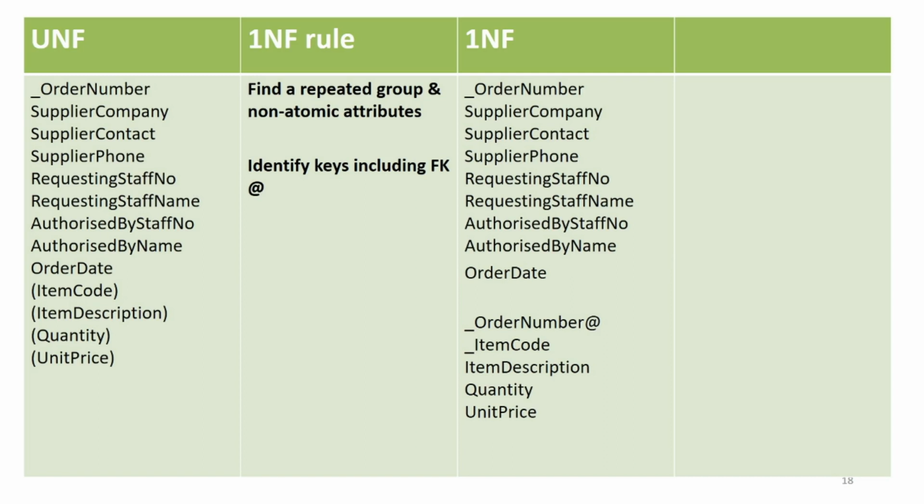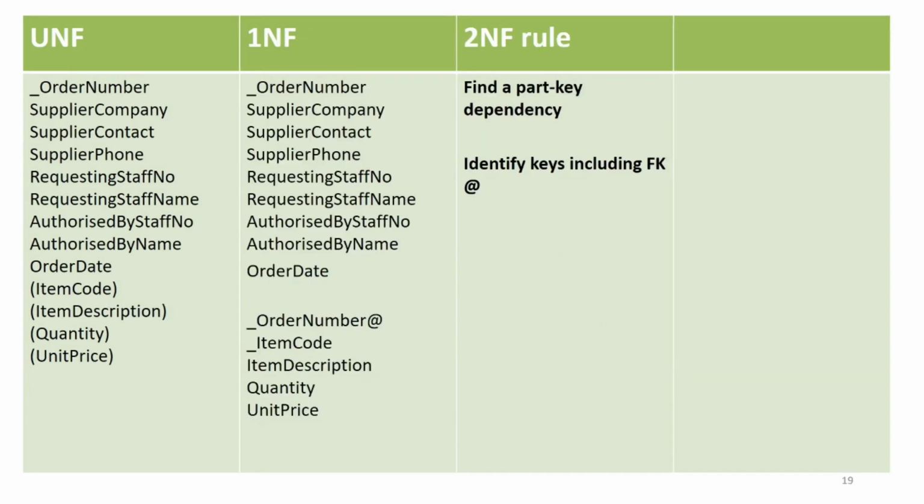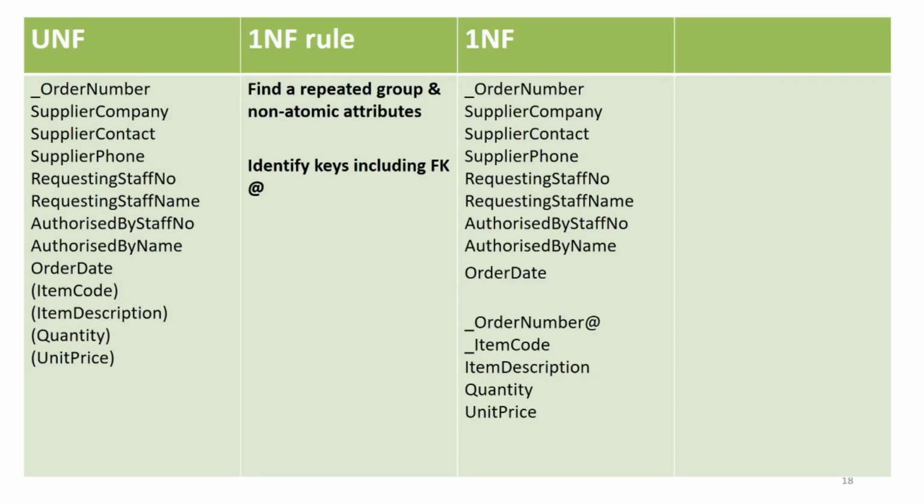Non-atomic attribute: requesting staff name. We can split it into requesting staff first name and requesting staff surname, but still this would be acceptable for this part. So now we have two entities here, technically two tables, and these two tables are linked through the order number as a foreign key linked with the first part.